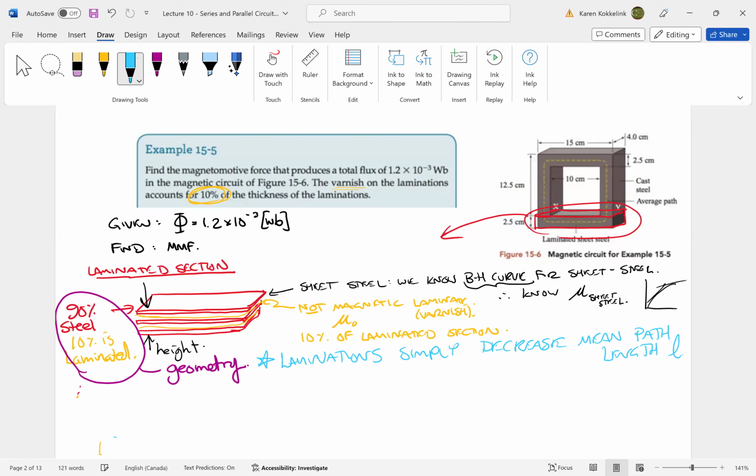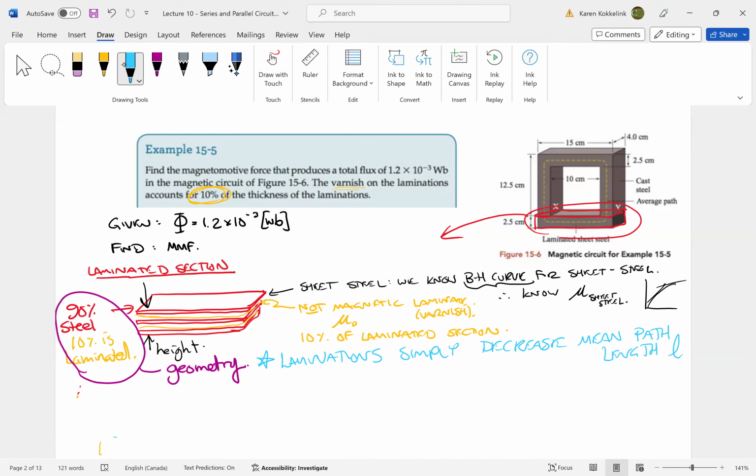So if you have 10% laminations, then your mean path length is 90% of the length of the geometry. If it's 50% laminations, then the mean path length is 50% of what the geometry looks like, because only 50% of it is where your flux flows.